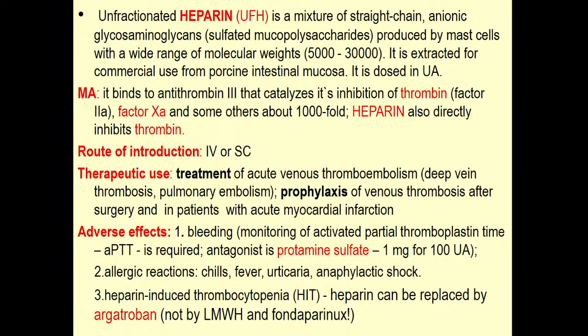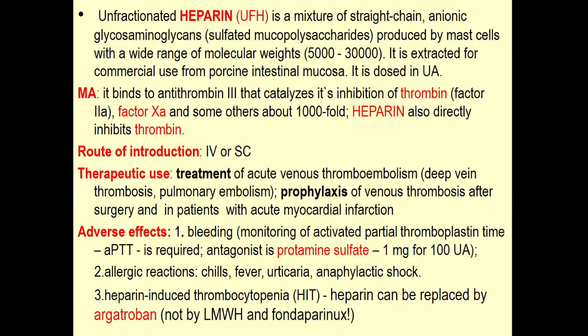Unfractionated heparin is a mixture of straight-chain anionic glucosaminoglycans, sulfated mucopolysaccharides, produced by mast cells with a wide range of molecular weight, 5,000 to 30,000. It is extracted for commercial use from porcine intestinal mucosa.